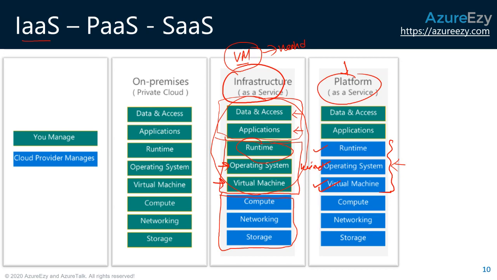What version of Linux is installed, how it is updated, what is the frequency of the updates on the operating system level or on the runtime level or on the virtual machine level, like what exactly the virtualization technique being used is, Hyper-V, VMware or whatsoever. You don't care because it is blue. That means your cloud provider, which is Azure, is taking care of it, and that's how your responsibility gets reduced.